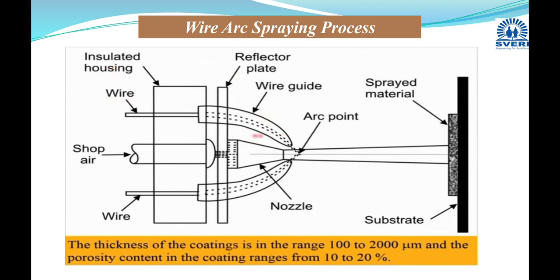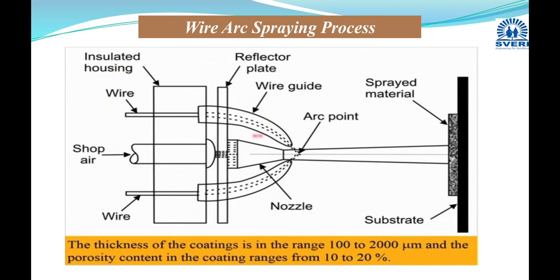So for generation of the perfect arc, which is used for melting of the material, the wire feeding speed has to be maintained and standardized, so that there is no chance of any problem related to arc generation. The second parameter is the velocity of the air or the inert gas which is used for atomizing. The third parameter is the distance between the arc generation and the substrate, depending on which material you are using to coat.